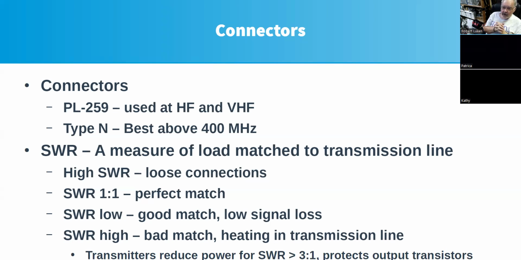If you have an SWR of below 3:1, you can normally operate okay. 2:1 is usually pretty good, and you don't have that much loss due to SWR. When you get above 3:1, most modern transistorized transceivers will start to cut back on the output power in order to not damage the output power transistors.